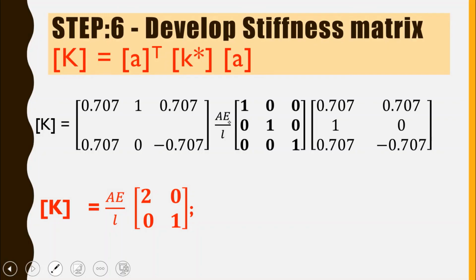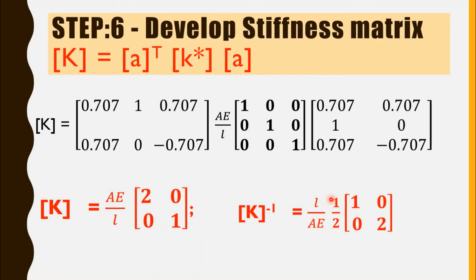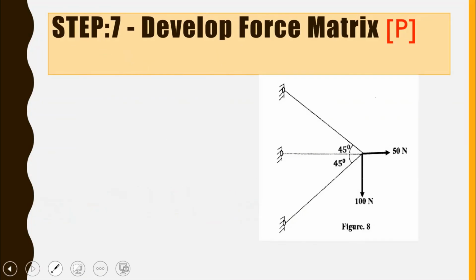We may be using K inverse, so I am just finding out the K inverse, that is inverse of AE by L, that is L by AE into 1 by the determinant, that is 1 by 2, into, just for finding out the inverse of a 2 by 2 matrix, we know it is to just swap the diagonal values. So we have the K inverse as L by AE into 1 by 2, 1 0 0 2.